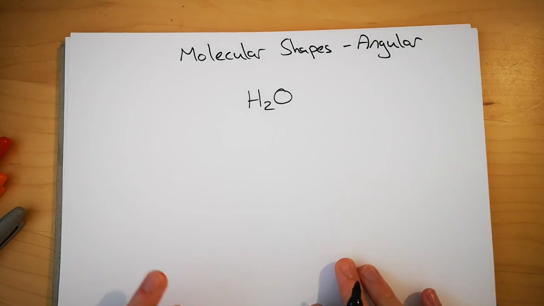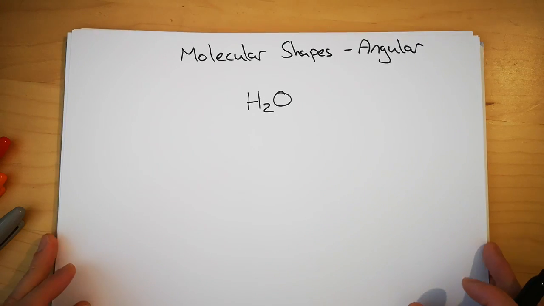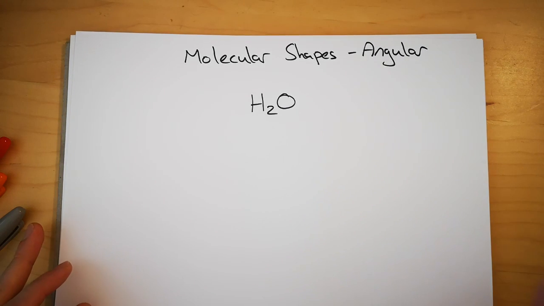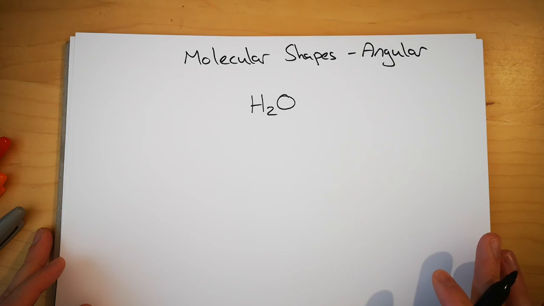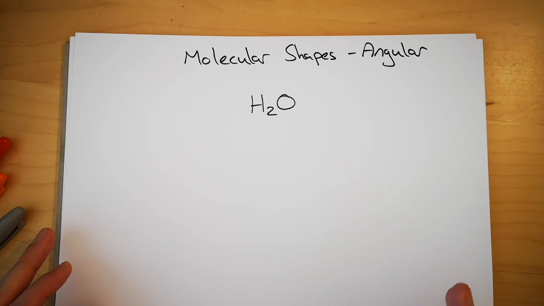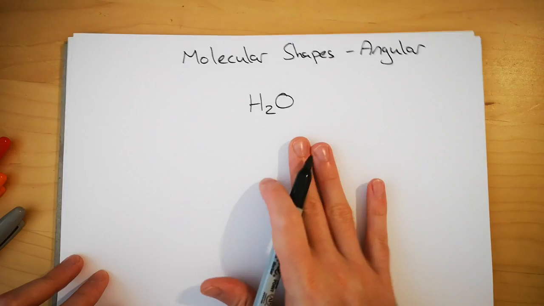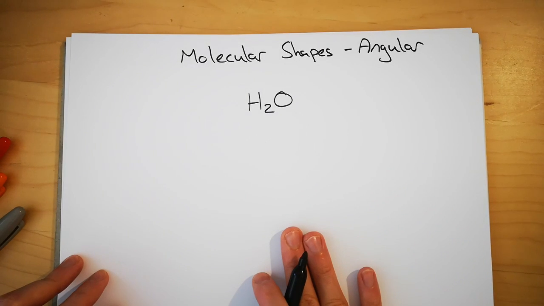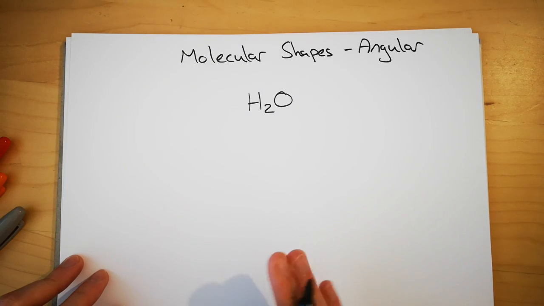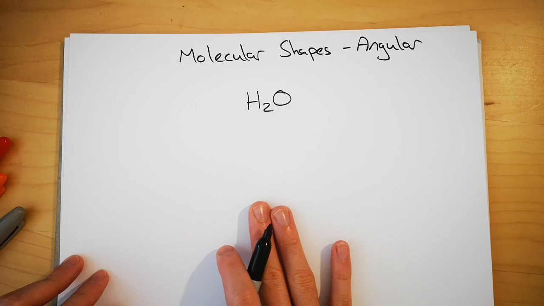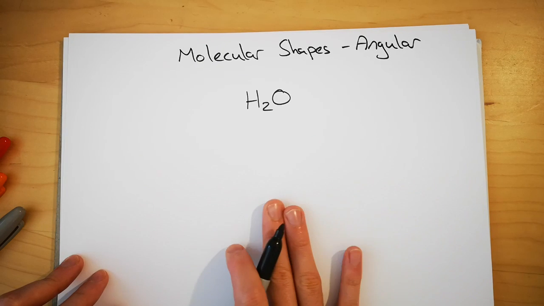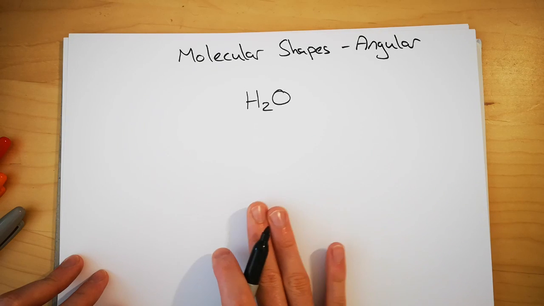So what I'm going to do first is show you the Lewis structure for the water molecule, and if you stick with this method of drawing water, you'll always find that the Lewis structure shows you what it should be.